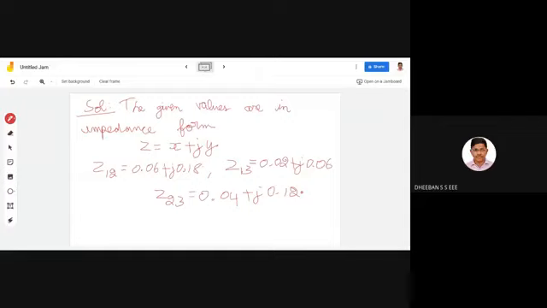These are the given values, and they have asked us to formulate your Y bus matrix.